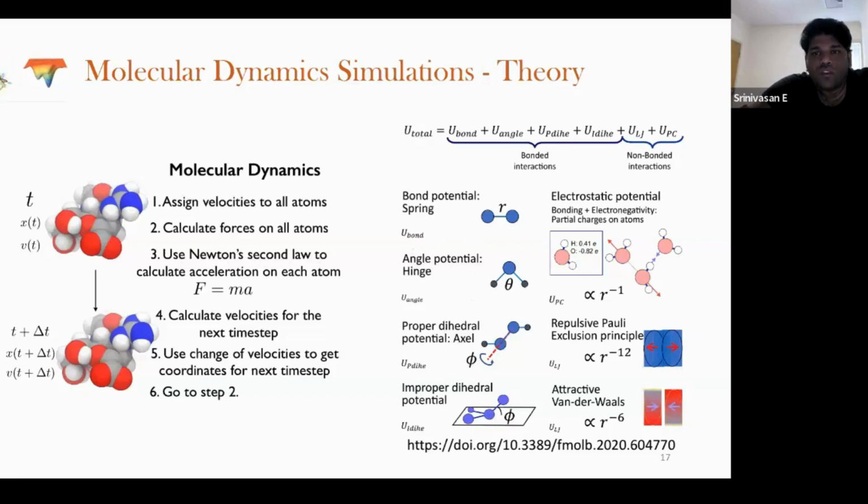You combine all these together to find the total energy of the system. I'm not moving much further into this because it is not the topic of interest in today's talk. So we'll move on to how molecular dynamics works.